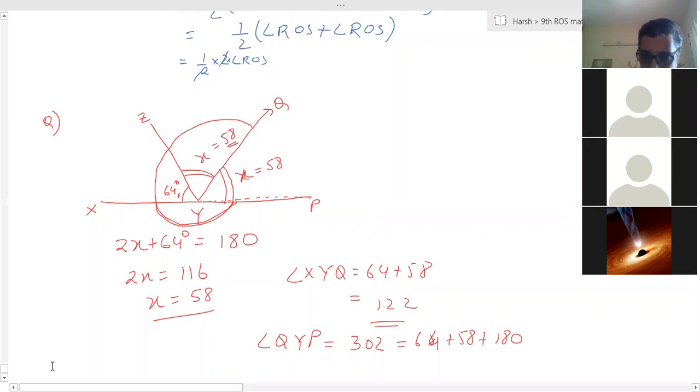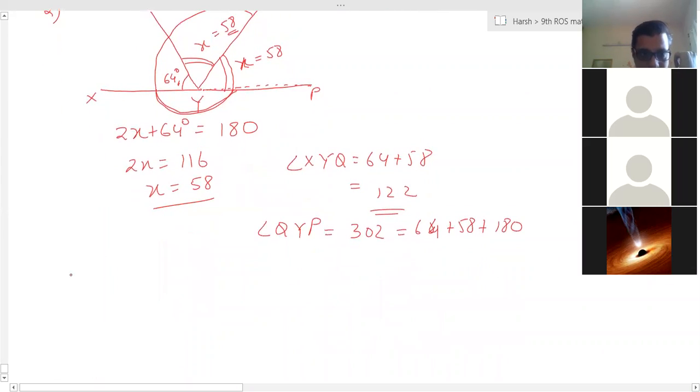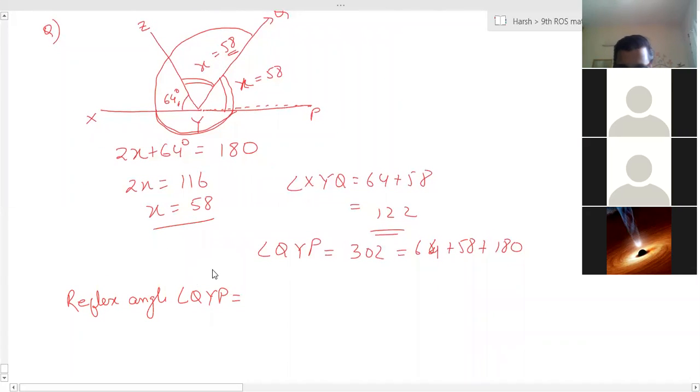Should I write this? How to write? Sir, I wrote for all the other problems, only this one I forgot. So reflex angle QYP is equal to angle QYZ plus angle ZYX plus angle XYP.